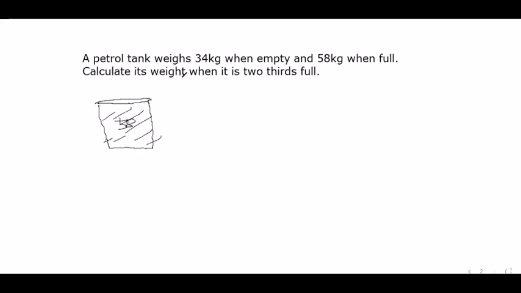So where does the weight come from? It's the weight of the tank. So the petrol itself, when it's full, the weight of the tank plus the weight of the petrol is 58. So the petrol itself will have to be 58 minus 34. If you remove the weight of the tank, you get 24.